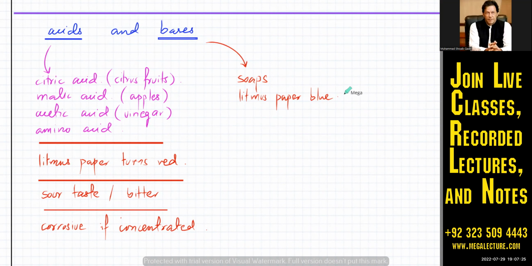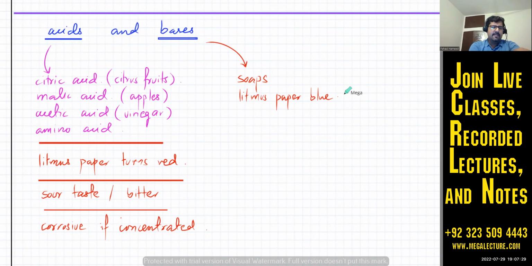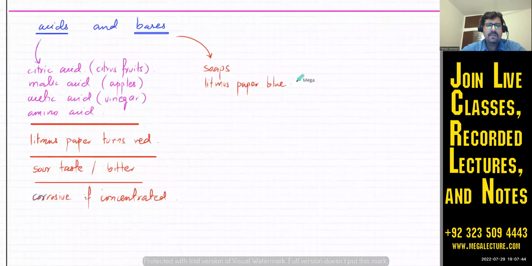Now, acids and bases, I'll just come to the point. These are just general properties. Acids and bases are very important in chemistry. You hear about pH. Have you heard the term pH? If you haven't, we'll discuss that later. But people are always measuring pH when they're talking about chemistry.